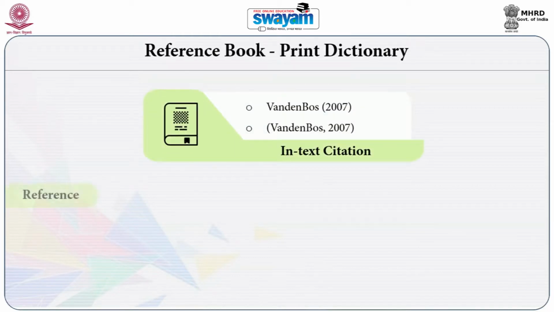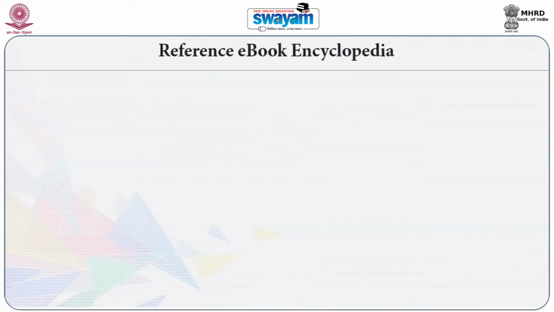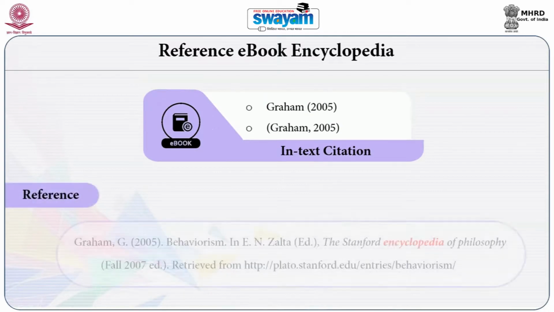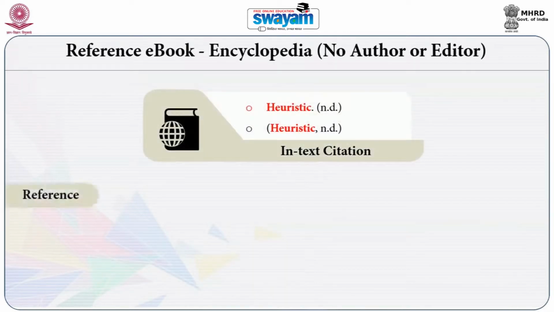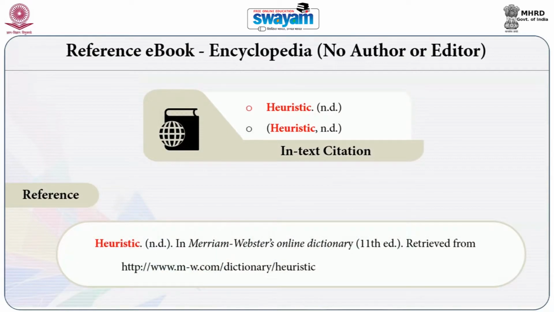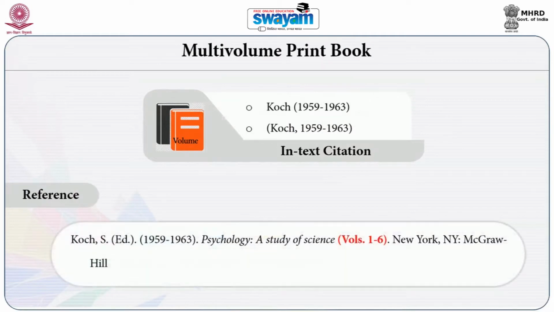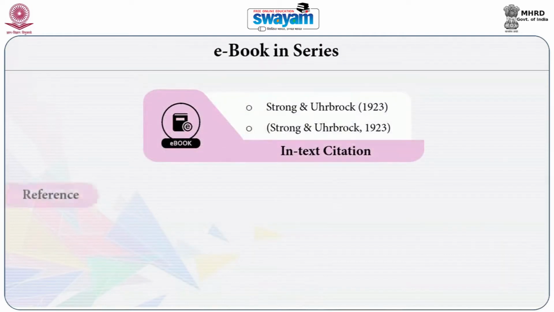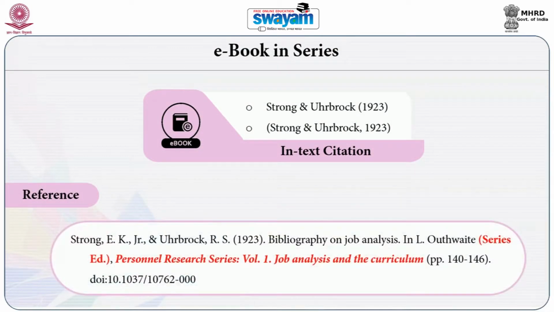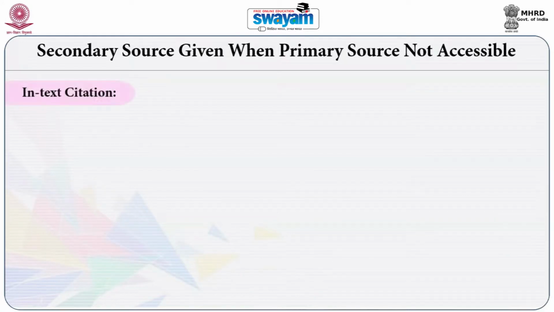In reference, author's name is given with title of the article. Editor's name is also given, followed by the title of the edited book and other details as displayed on the screen. Please see the examples of dictionary, encyclopedia with author, encyclopedia without author name as displayed on the screen.